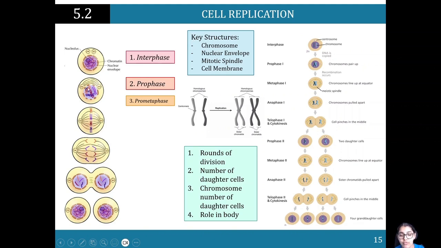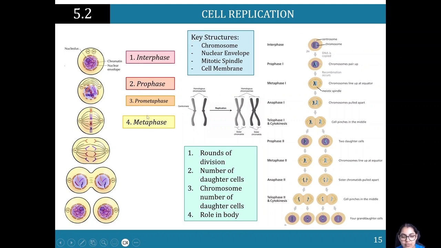And then in prophase, what happens is that our mitotic spindles start to stretch. They're almost like these spider-like projections, basically, and it starts to stretch and the nuclear envelope disintegrates so that we can get access to our chromosomes right there. Once that happens, we have metaphase. In metaphase, these chromosomes line up. We do have a process in the middle called prometaphase, but don't stress too much about it.